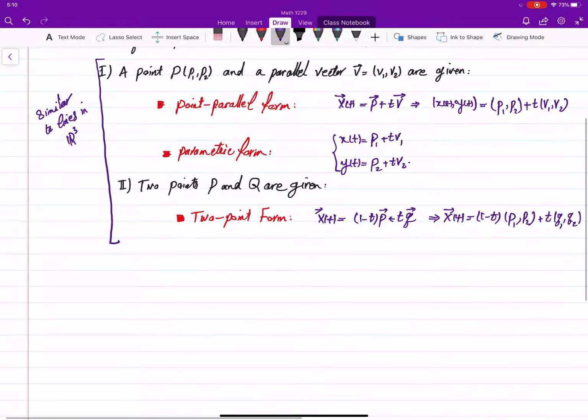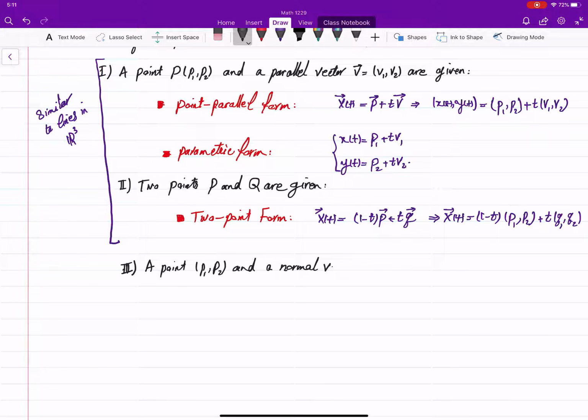What happens next is a little bit strange, because we can write an equation for a line in R2 if we have a point and a normal vector, a vector which is perpendicular to all directed line segments on the line, normal vector n, which is n1, n2.